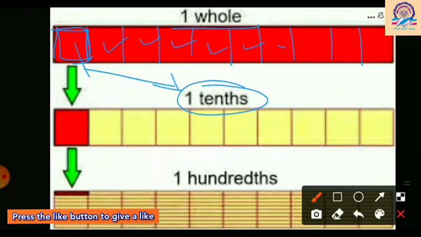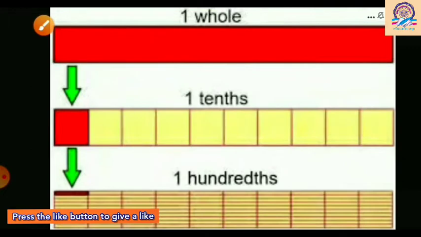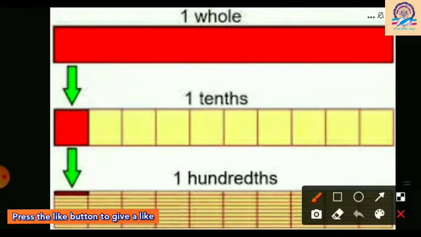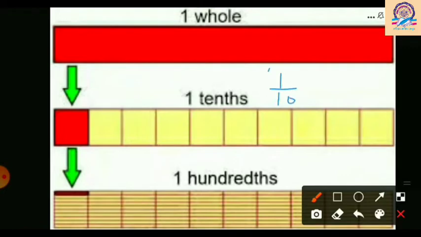The whole was divided into 10 equal parts, and this one is pointed out as 1/10th. 1/10th in fraction we write as 1/10, and its value in decimal is 0.1 when we divide 1 by 10.